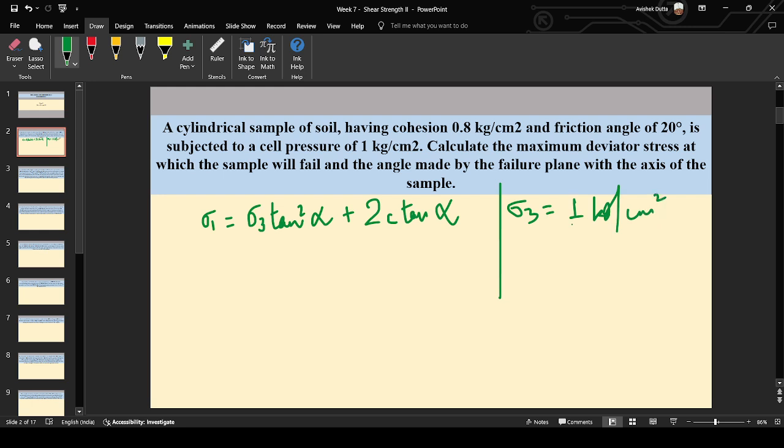Okay. Phi is given, 20 degree. So alpha is the angle made by the failure plane with the axis of the sample. No, that we have to find out. Alpha is the angle made by the failure plane with the plane of the major principal stress. Yes, sorry.